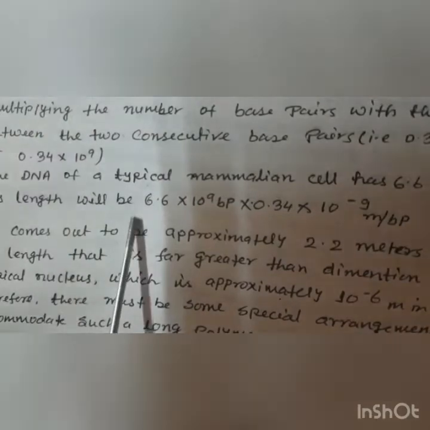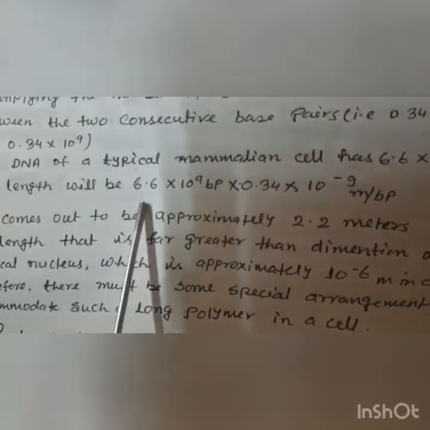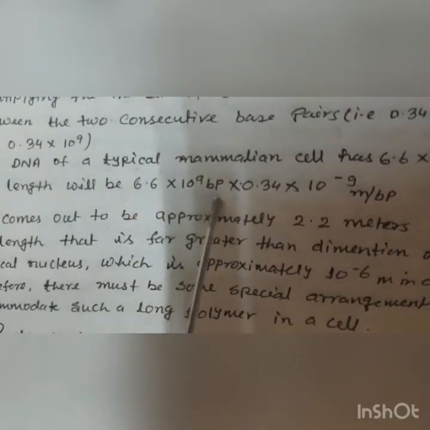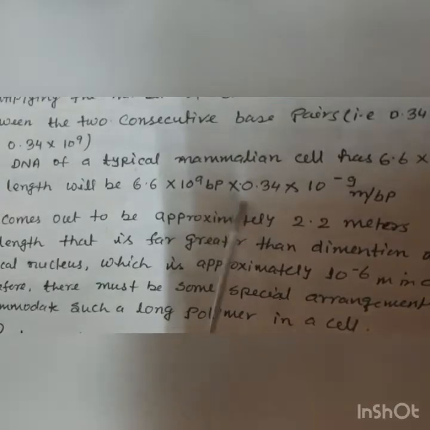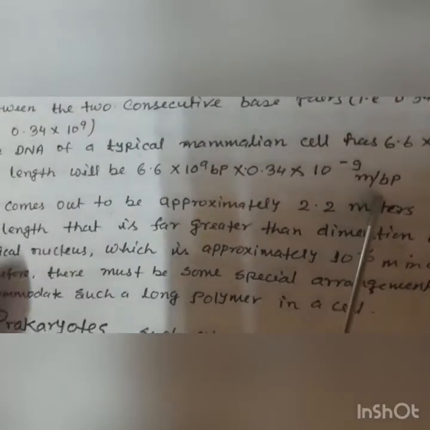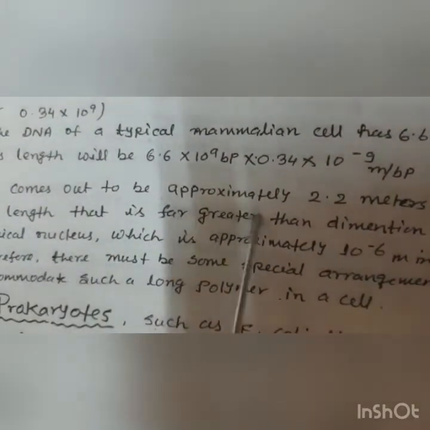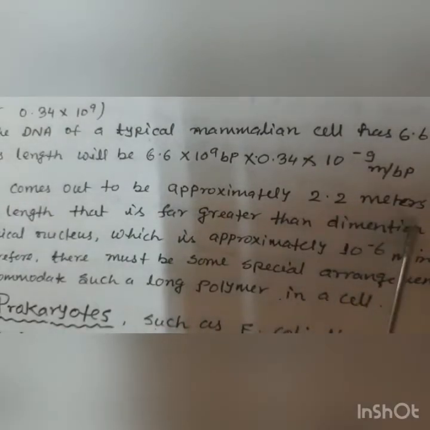Its length will be, now if you want to calculate it, how it will be written? It can be written as 6.6 into 10 to the power 9 base pair into the distance between them, 0.34 into 10 to the power minus 9 meter per base pair. It comes out to be approximately 2.2 meters.